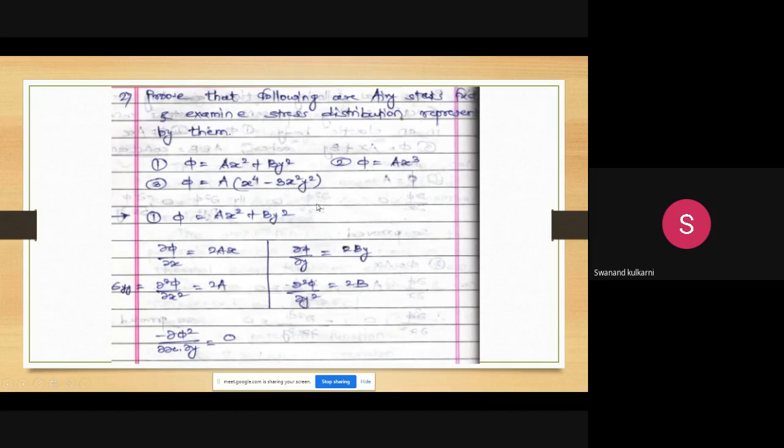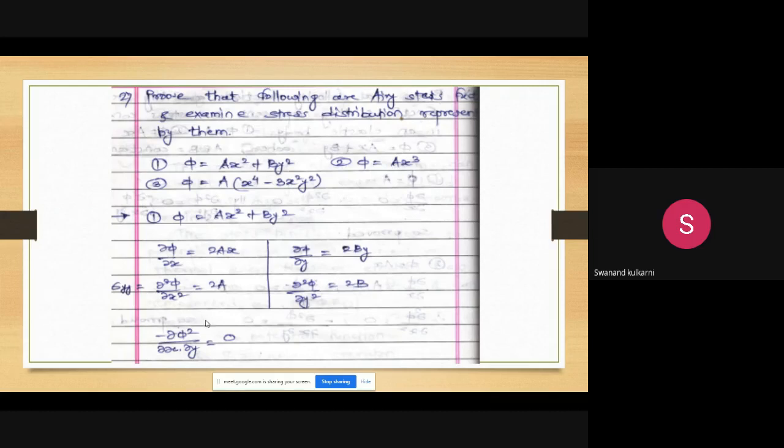Now one by one, each example we are going to solve in order to find the stresses sigma x, sigma y, and at the same time, to check the essential condition whether the function can be solved by Airy stress function or not.